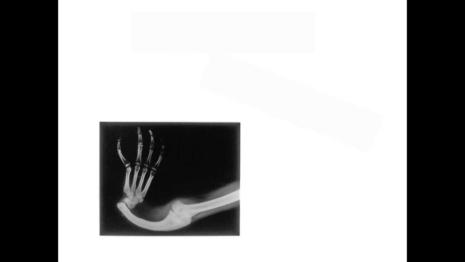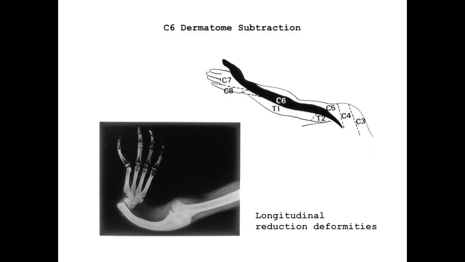The longitudinal distribution of the skeletal defects was very characteristic. They were called longitudinal reduction deformities of the limbs. Now the skin is innervated in longitudinal strips called dermatomes, each one supplied by a segmental sensory nerve, as shown in this diagram.